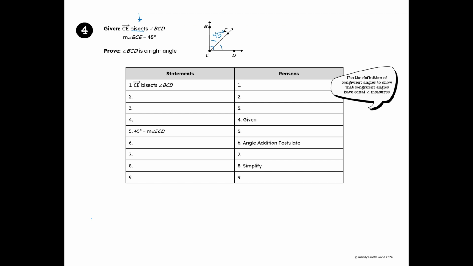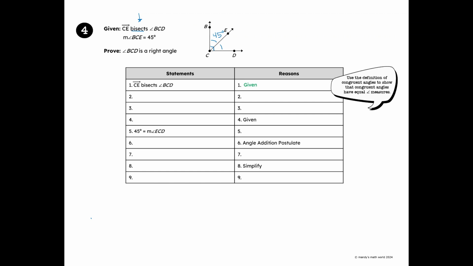Okay, all right, well, let's get started. In the very first statement, we're given that ray CE bisects angle BCD. Okay, our reason is given. This is an example where I'm not writing all the givens in my first statement. We're going to go through kind of a thought process that just involves the fact that ray CE bisects angle BCD.